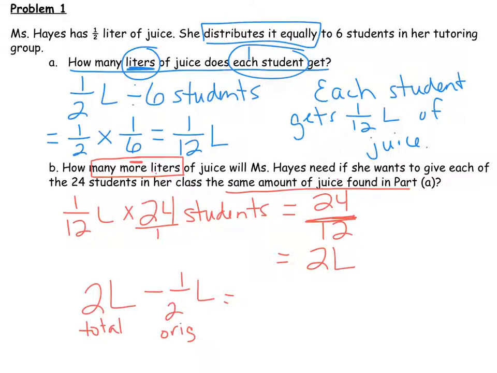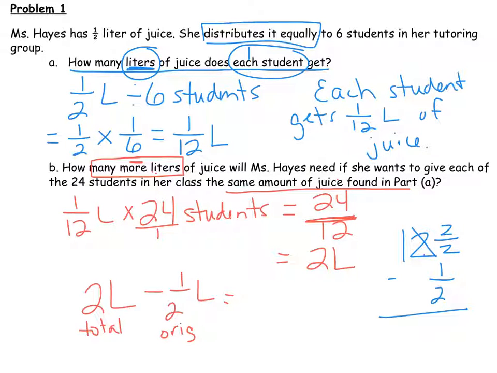So 2 liters minus half a liter. So let's show that vertically. So 2 minus a half. Well, I'm going to borrow from the 2, so I've got 1 whole left, and the 1 I borrowed becomes 2 halves, which is equal to 1.